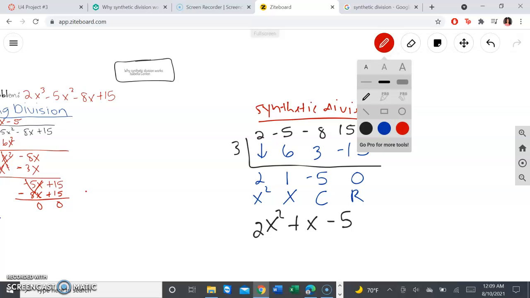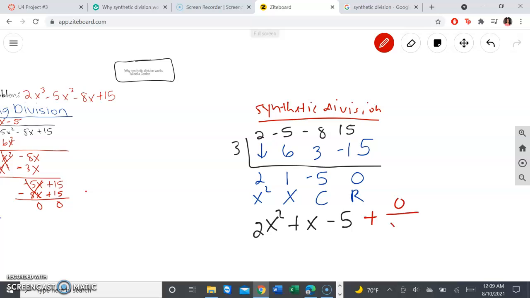So we're going to put 2x squared plus x minus 5 plus 0 over what you have divided by. It's not very common to do this when it's a 0, but if it were any other number, it would be like this. So this is the answer.